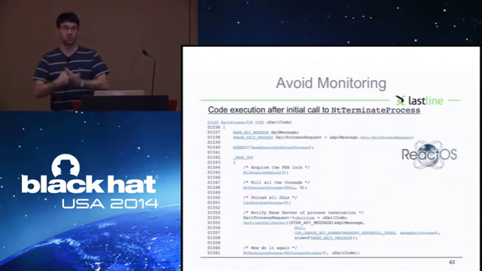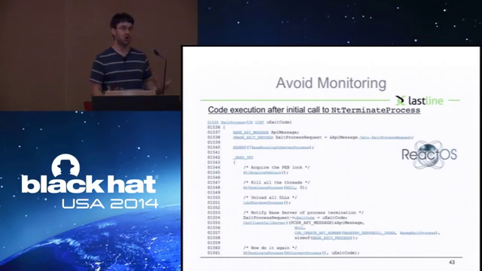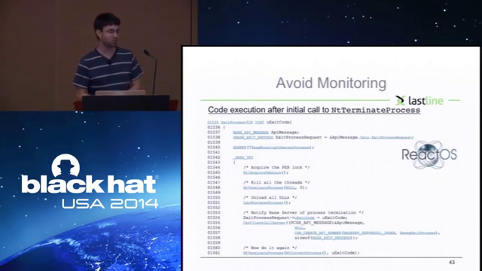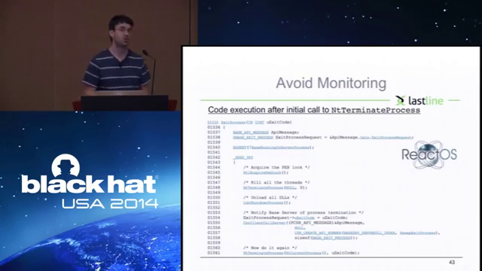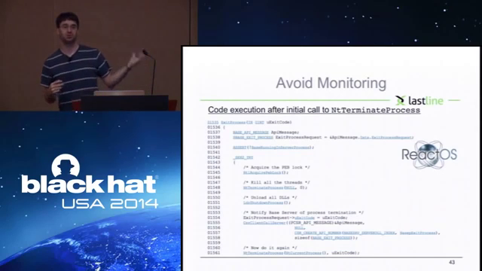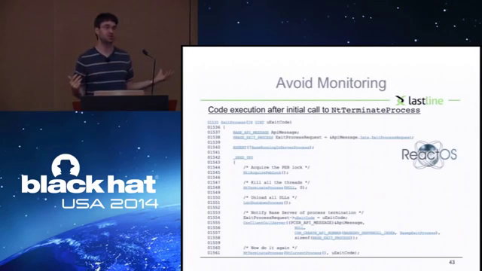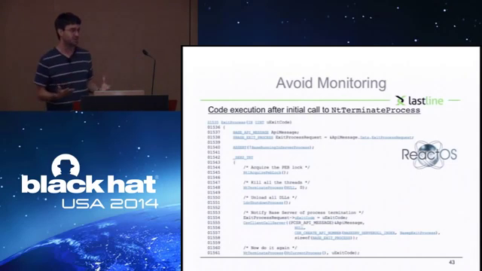Now, at one point you want to stop monitoring, and you typically stop monitoring when someone calls exit, right? The process exits, and actually the system call that you care about is NtTerminateProcess. So at one point we had the problem that, okay, after NtTerminateProcess, we thought, well, the process is now over, so why should we care about it anymore?